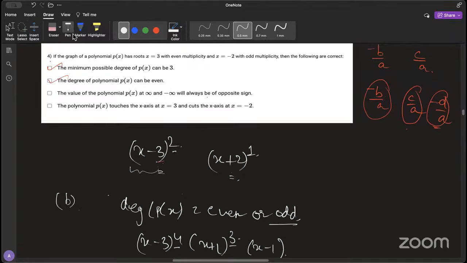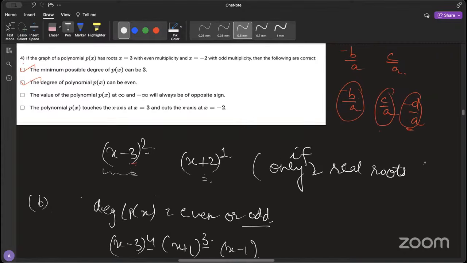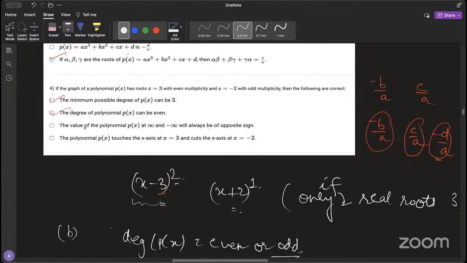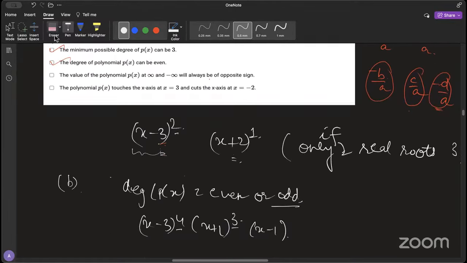But if you have been given, let's say, only two real roots, 3 and -2, then what happens? Then the scenario changes. Then the second option might change as well, because now you have this thing.